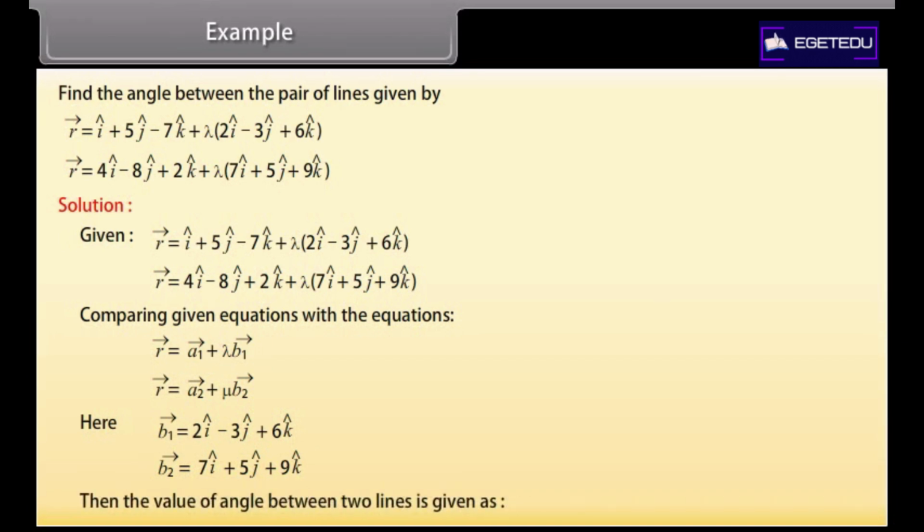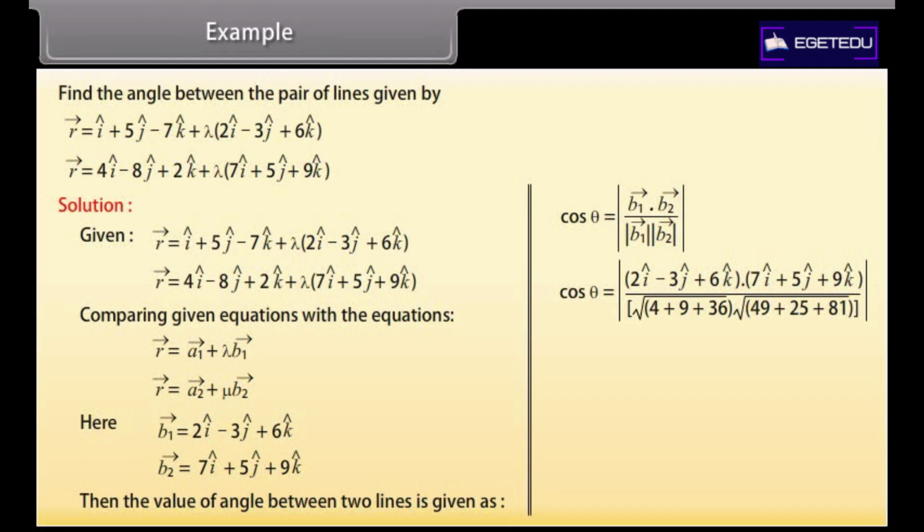Then the angle between the two lines is given by cos theta equals the modulus of vector b1 dot vector b2 by modulus of vector b1 into modulus of vector b2. So cos theta equals the modulus of the dot product of (2i minus 3j plus 6k) and (7i plus 5j plus 9k), divided by the square root of 4 plus 9 plus 36, into the square root of 49 plus 25 plus 81.